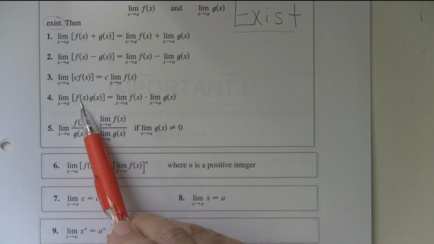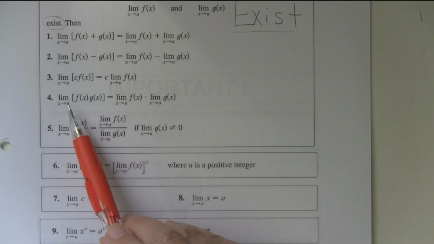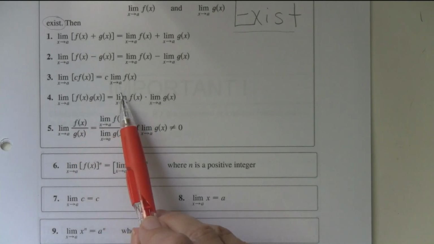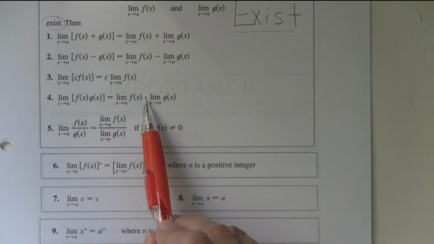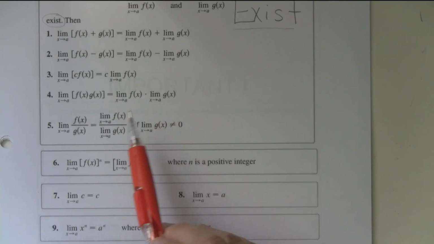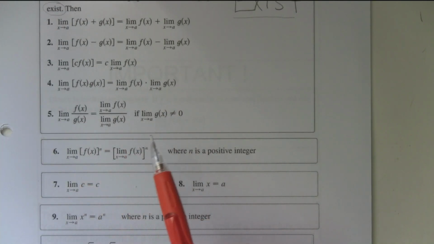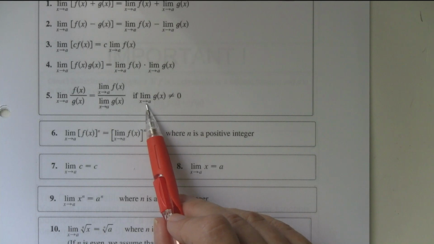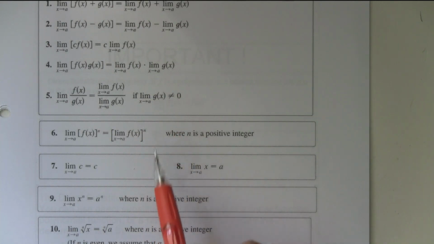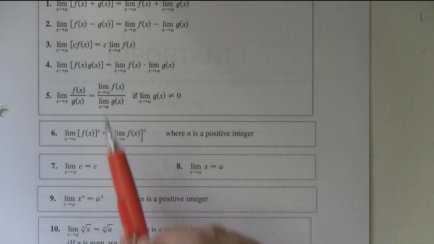Multiply two functions together, you can find the limit of the multiplication by finding the limit of the pieces and then multiplying them together. The division, as long as the limit as x approaches a of g of x is not 0, because you wouldn't want to divide by 0.